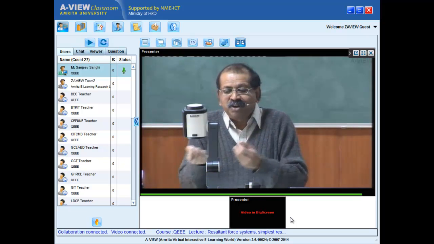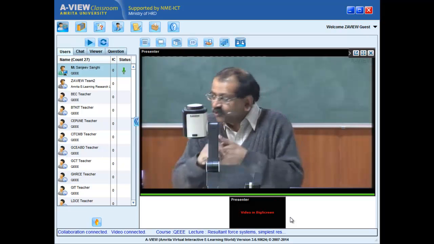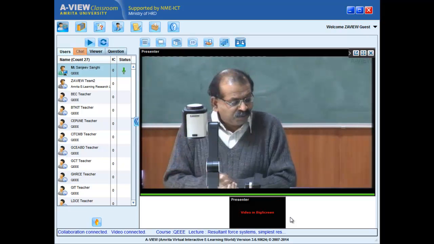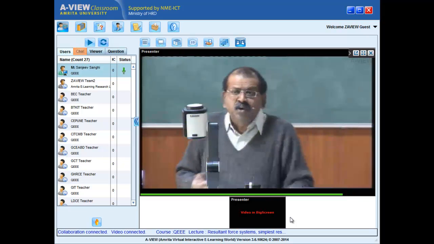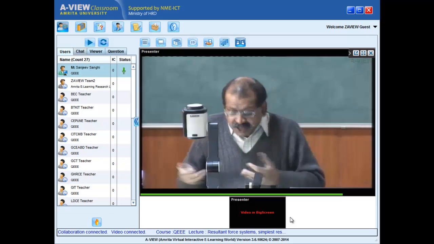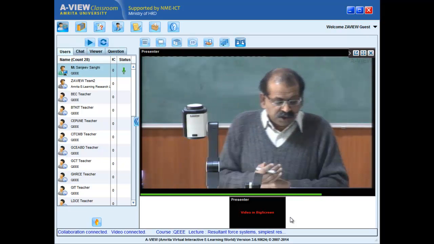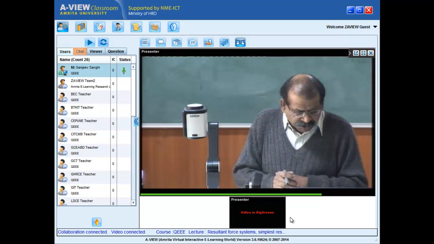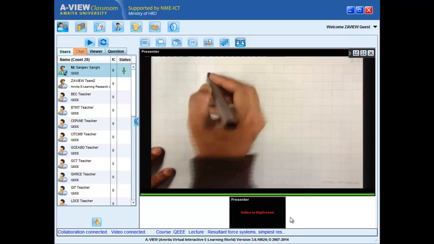But actually, weight will act at each point because each point has a mass and its weight will come into the picture. So this concept of equivalent forces we use without actually knowing that we are using the concept of equivalent force.